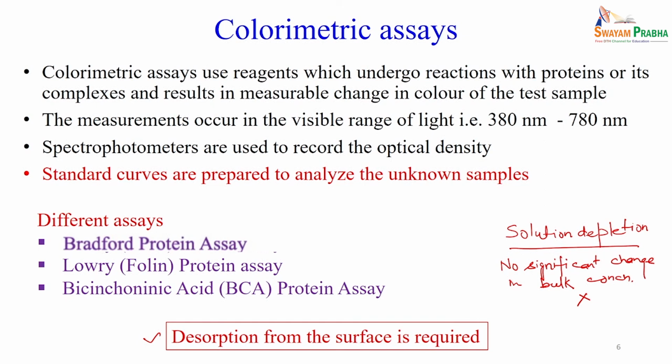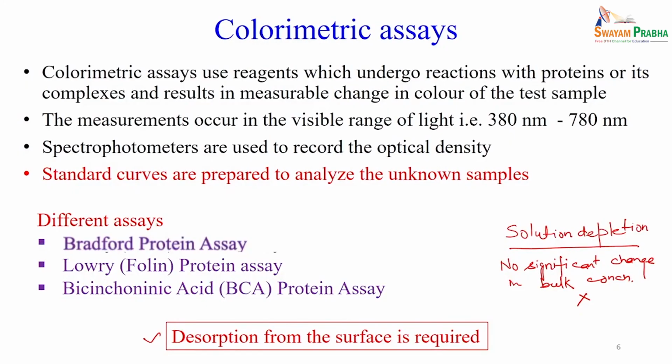In case of protein aggregation, almost all the protein in the bulk will be depleted and converted to the aggregates. In that case, the bulk concentration goes to 0.